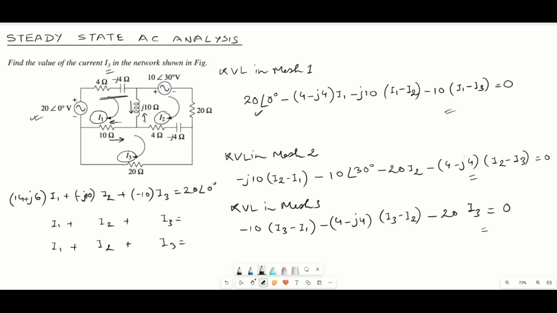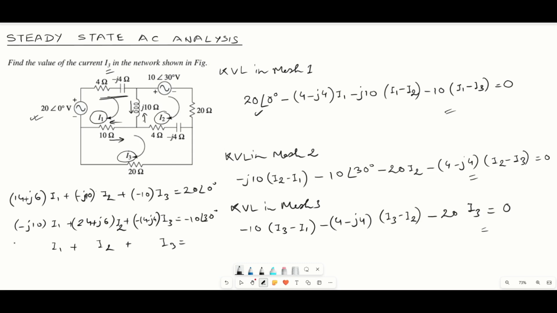Then moving to equation 2: minus J10 for I1, (24 plus J6) for I2, then for I3 it is minus of (4 minus J4), equals minus of 10 angle 30 degrees.